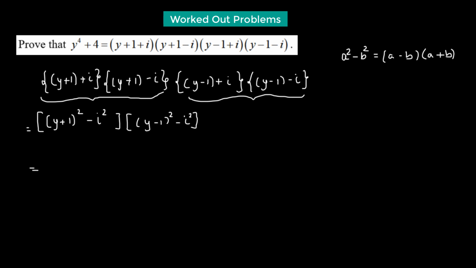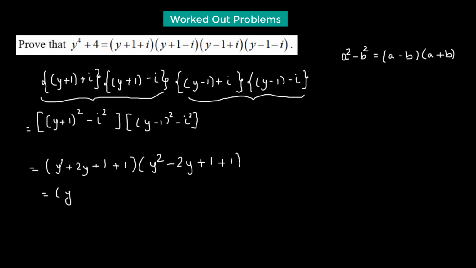And this should give us y² + 2y + 1, minus i², which will be plus 1, and (y - 1) whole squared, when we expand it, we get y² - 2y + 1 + 1. Let's combine it.